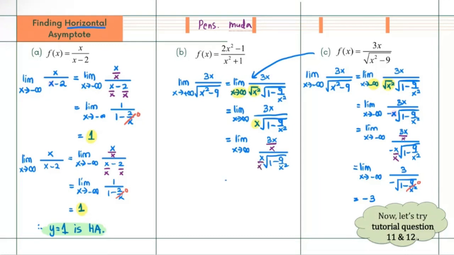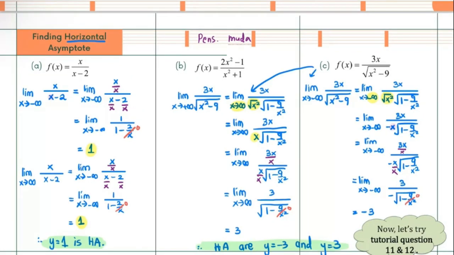And here once you simplify, you are going to get 3 over square root of 1 minus 9 over x squared. So this one will become 0. So therefore untuk x approaching positive infinity, the value will be 3. Your y will be 3 lah. So therefore your horizontal asymptote are y equals negative 3 and y equals 3.